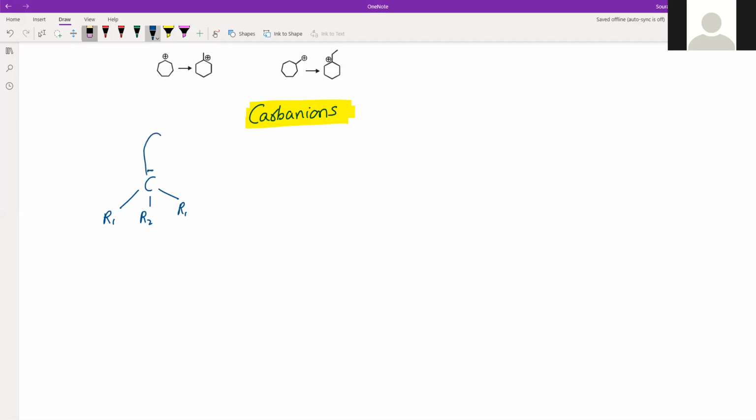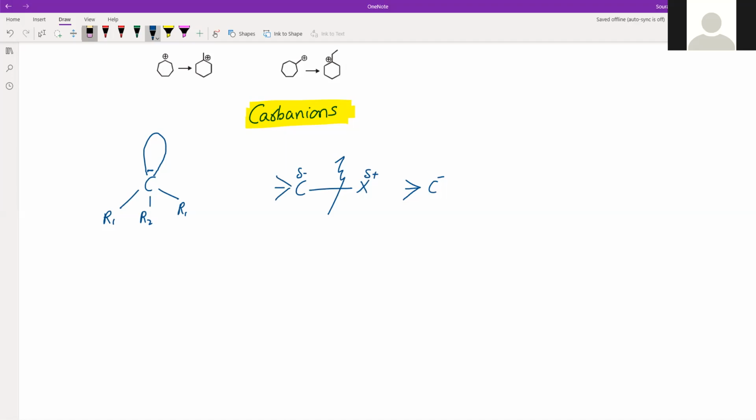This is what a carbanion looks like. Now, for a general organic molecule with a C-X bond, if carbon has greater electronegativity than that of X, then when the bond breaks, you will get C negative. But for that, this has to be present where carbon is more electronegative.